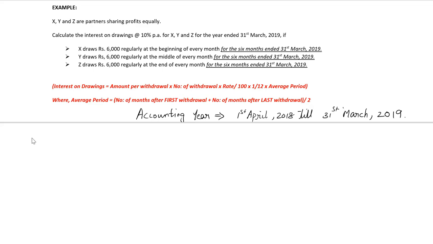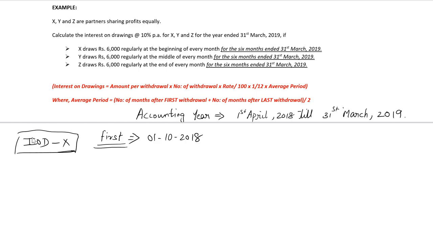We'll begin with the interest on drawings for X. First withdrawal, 1st October 2018. Last withdrawal, 1st of March 2019.